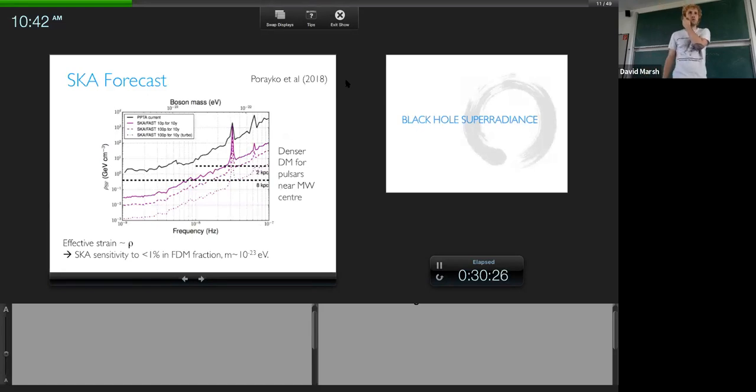Yeah. And I remember that potentially you can get 2 orders of magnitude better constraints by taking the spatial variance of the average density, rather than just the time variance of the signal. Because this all assumes an average density within the halo.